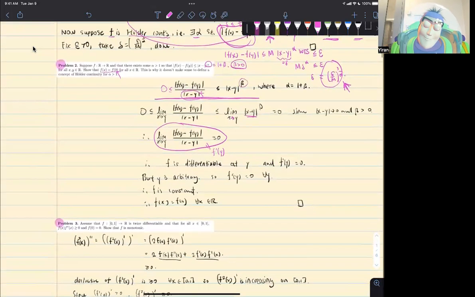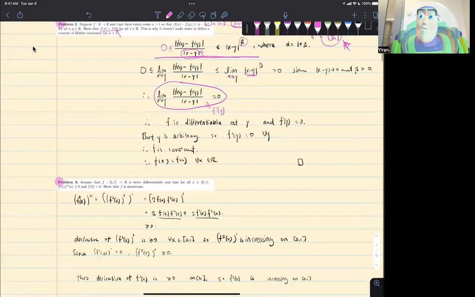And because y is arbitrary, as we pick x and y arbitrarily from the real line, for every y in R, f prime of y is equal to 0. Therefore, f is constant everywhere. So in particular, f(x) is equal to f(y) for every x.